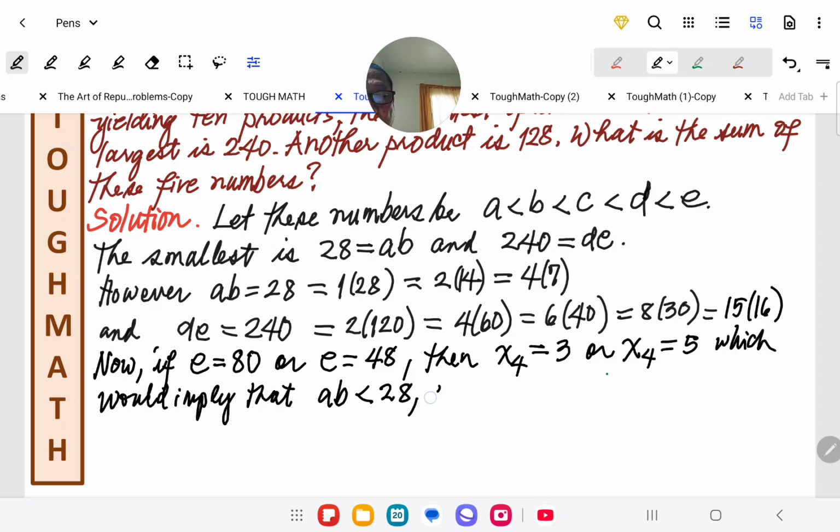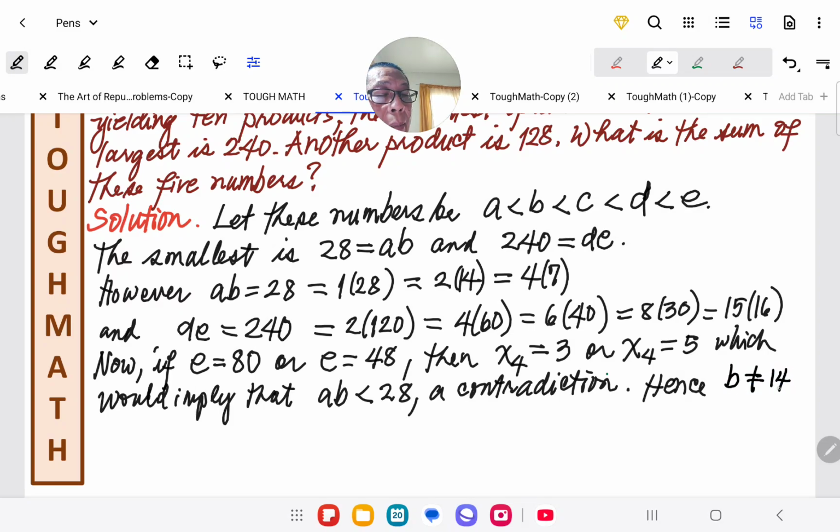This is a contradiction. Hence, B is not 14.